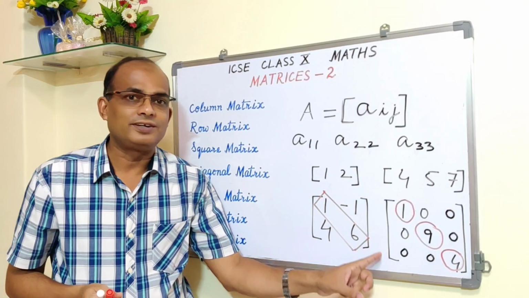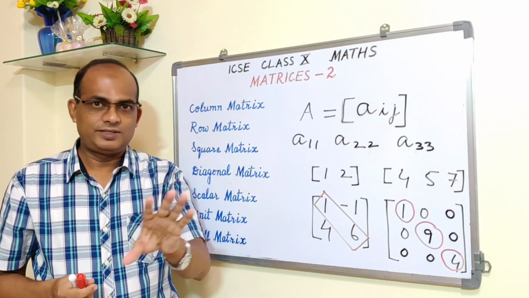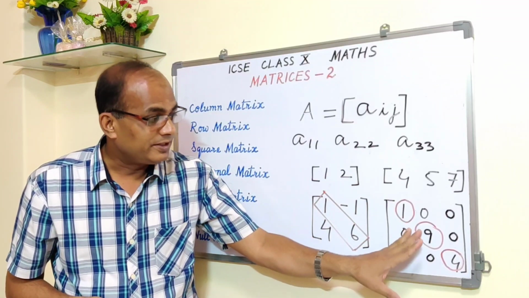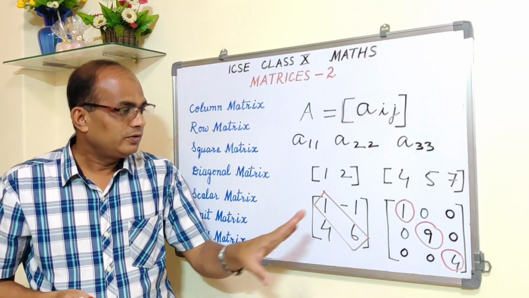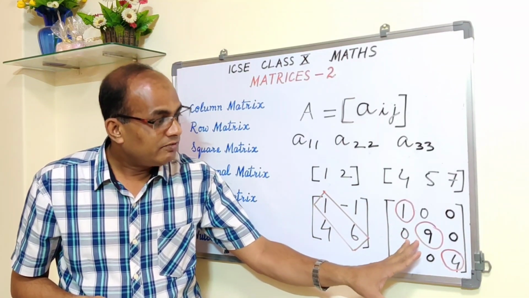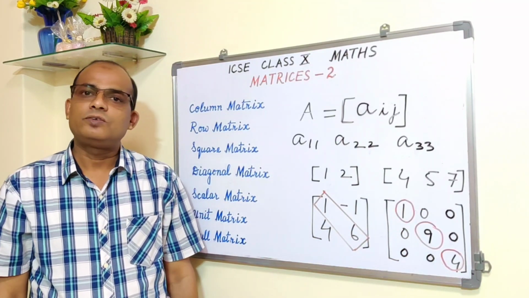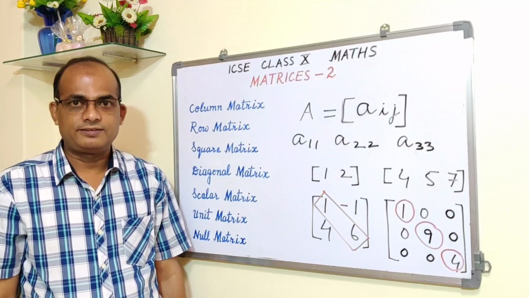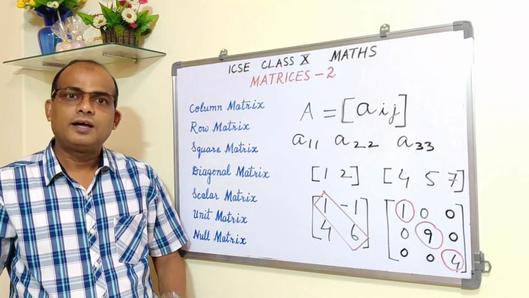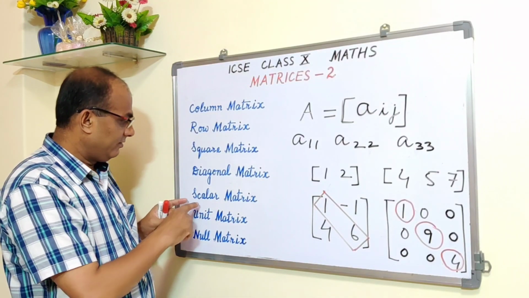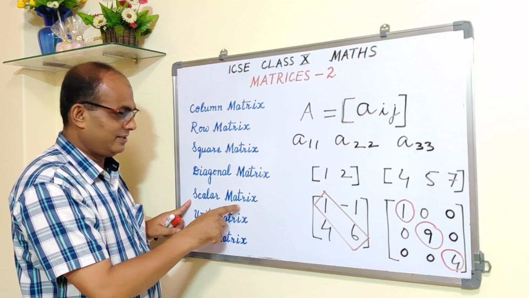A square matrix. Please remember, not any matrix. A square matrix in which all non-diagonal elements are 0 is called a diagonal matrix.